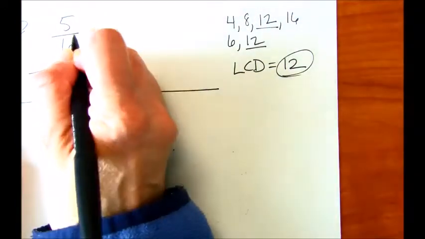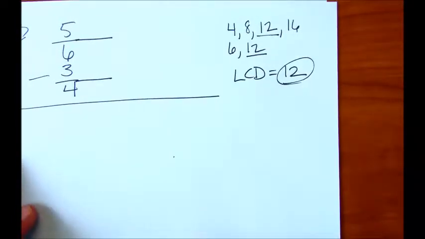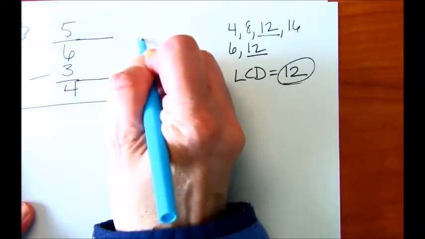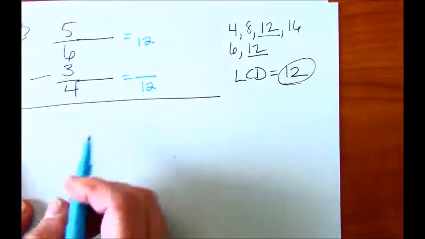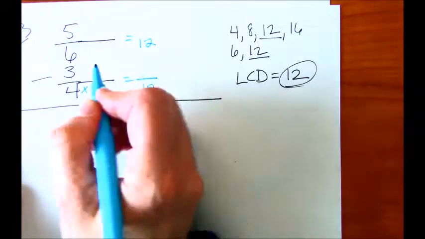So let me extend some lines here, and then we will make some new fractions that are equivalent, but instead of 6ths or 4ths, they're going to be broken up into 12ths. So my new denominator is in 12ths. 4 times what gives me 12? 4 times 3.